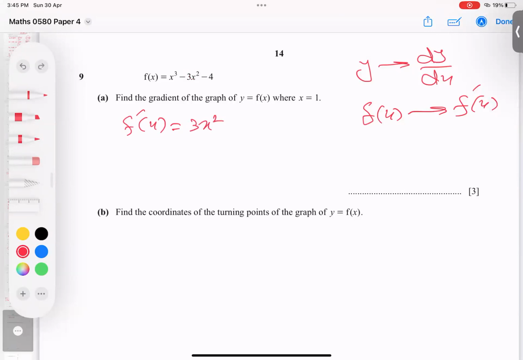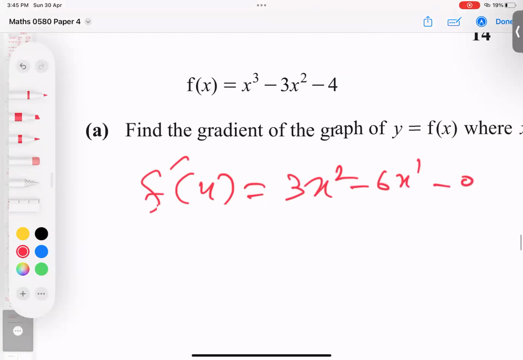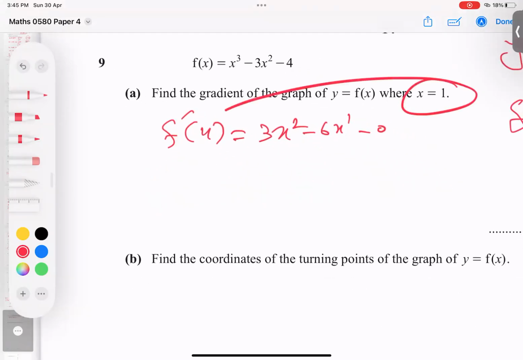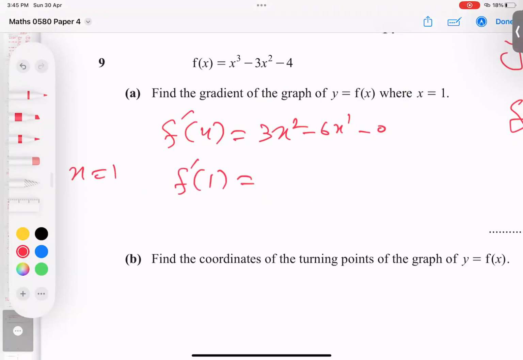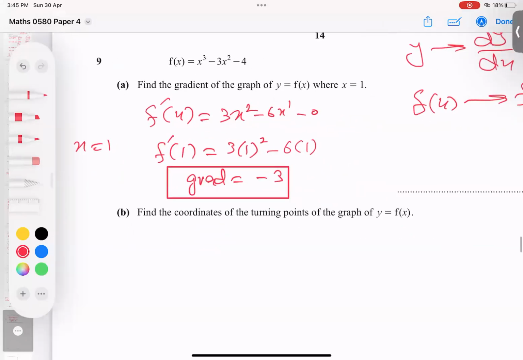This 2 comes down, multiply 6, and power 1 less. Constant is always 0. Then plug in x here. When I plug in x equals 1 everywhere, 3 times 1 squared is 3, and 6 times 1 is 6. This gives us the gradient. So gradient is 3 minus 6, so we got negative 3. I hope the point is very clear.